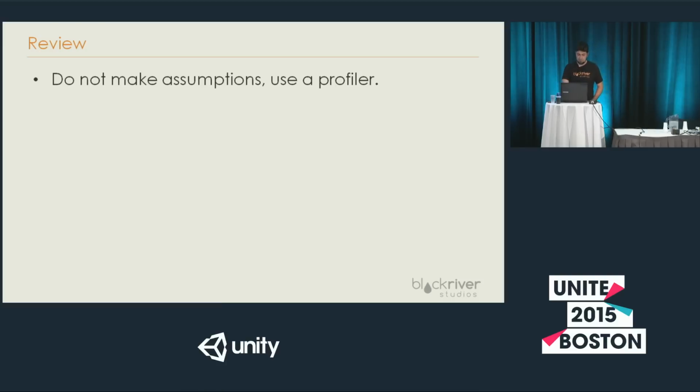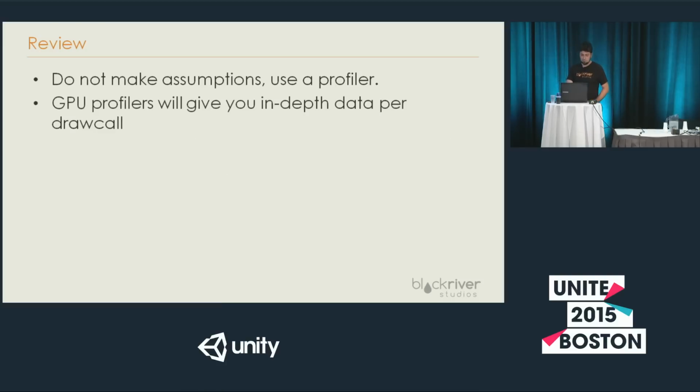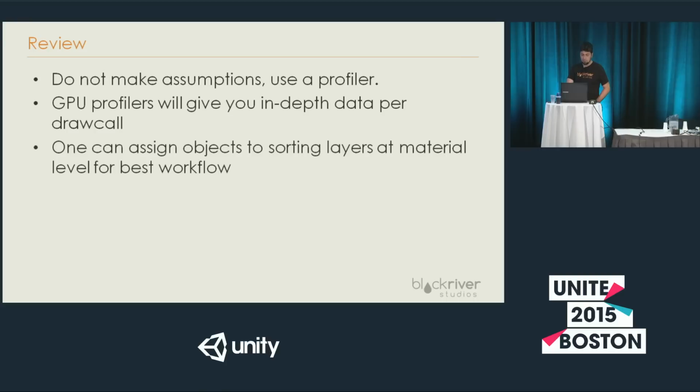Use a profiler to find your bottleneck, or else you do wasted work. GPU profilers give you in-depth data per draw call, as you saw in some of the stats. You can assign objects to sorting layers, so you help Unity do the work for you.